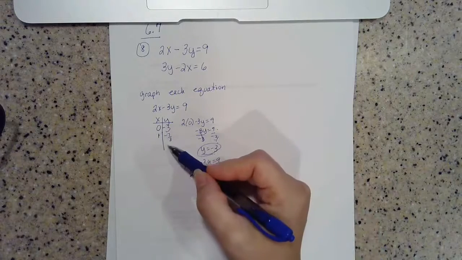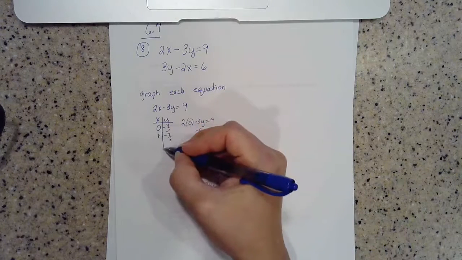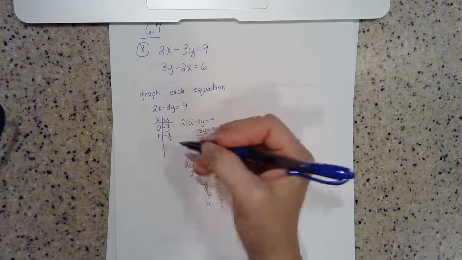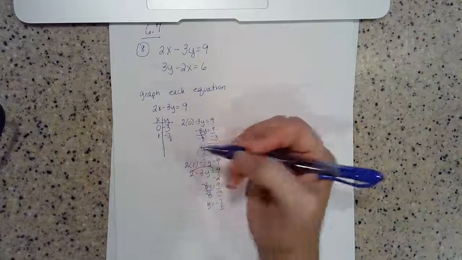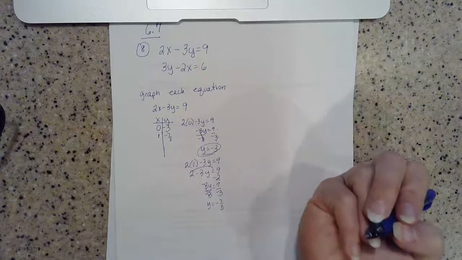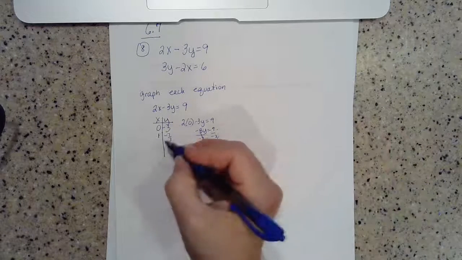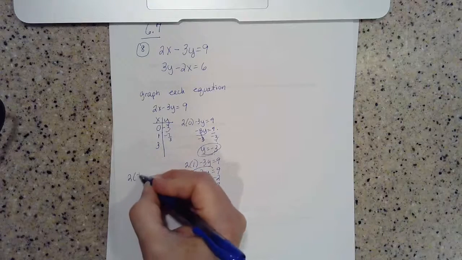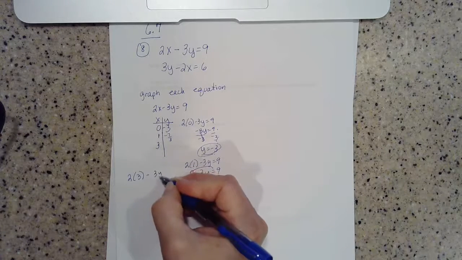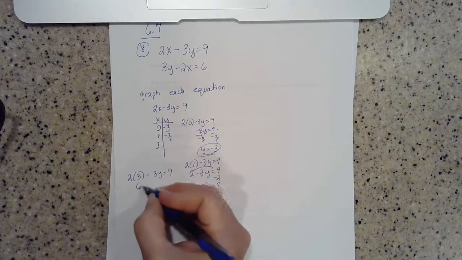You can also plug in on the y side if you like, and I might choose to plug in 0. Looking at it, I can tell that will cause a fraction too. So, try another nice point. I'm going to skip to 3 and see how that does. 2 times 3 minus 3y equals 9. This would be a more pleasant solution.